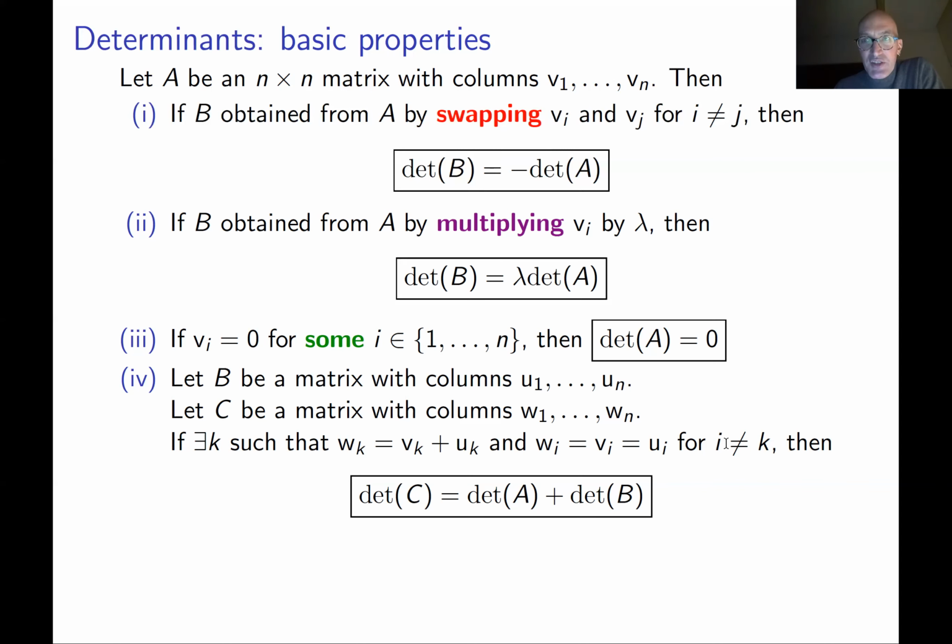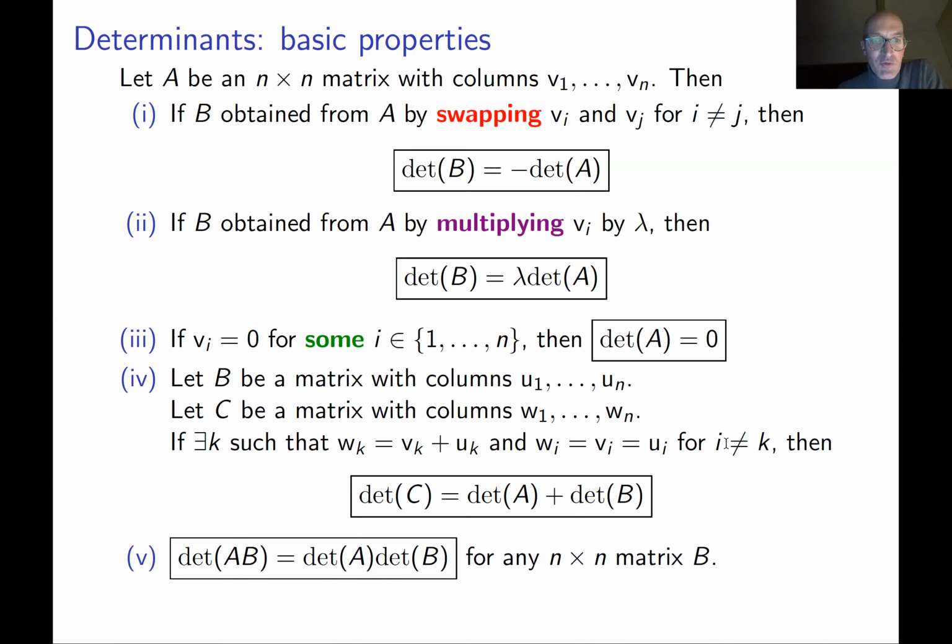Okay, but this is probably not the most fun property of determinants. This is the most fundamental one, for sure, but the most funny one is the next one. If you take the determinant of a product of 2 n times n matrices, this is the product of determinants. This is actually the most beautiful property of determinants, in my opinion.